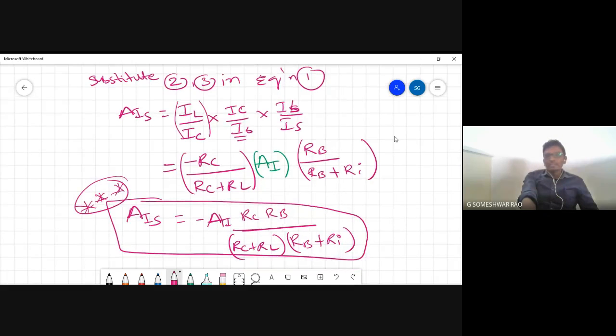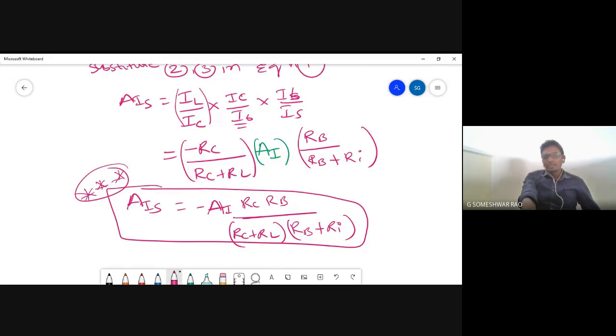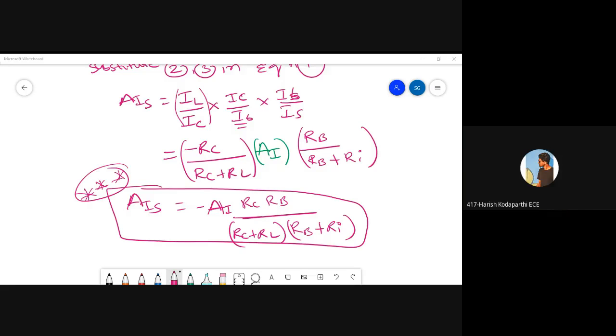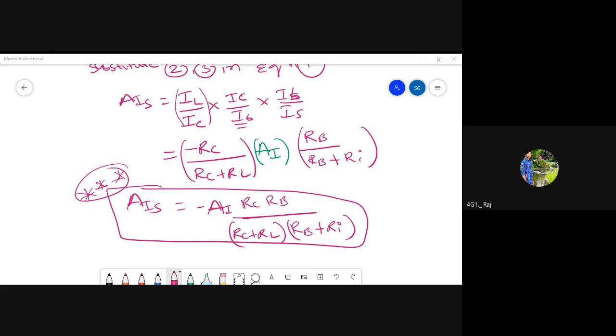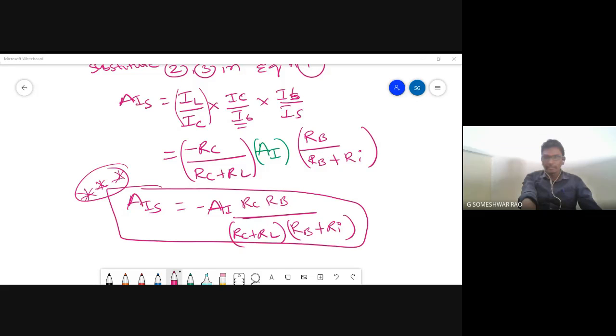Please write it. Have you written, sir? I am telling you to write, I can't tell who is writing and who is not. Everybody is writing. Uday, are you writing? Tarun. Show me your notes, Uday.